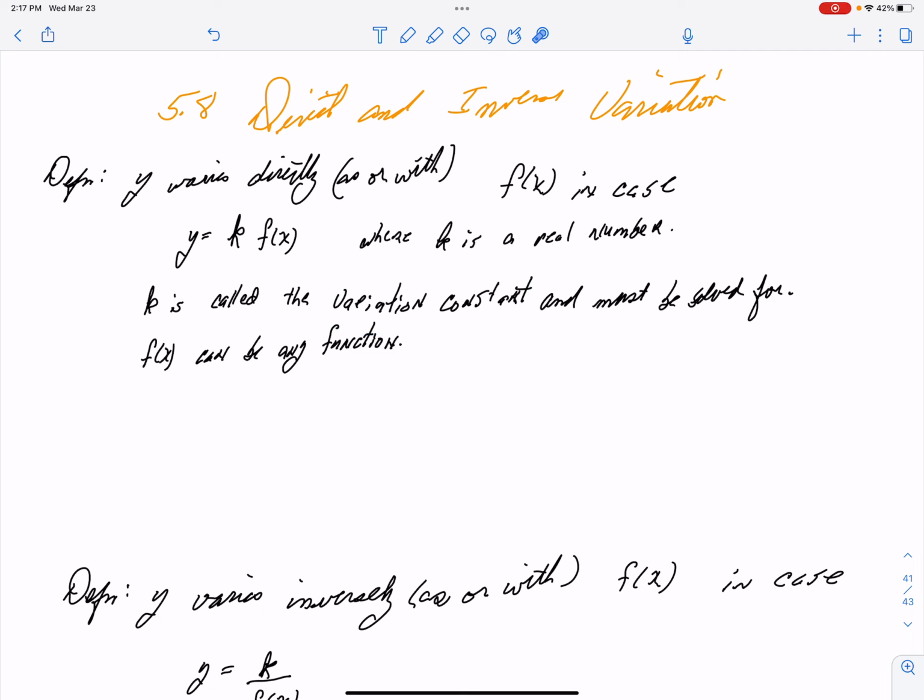And oftentimes, k must be solved for given particular information on a certain problem. Now, one should note that f of x can be any function you want.